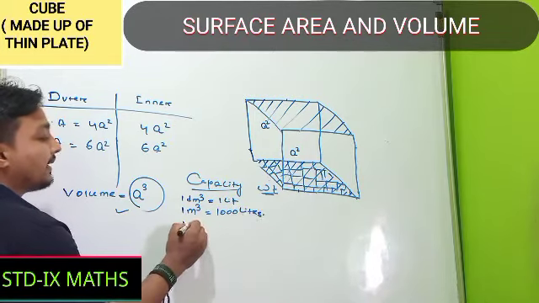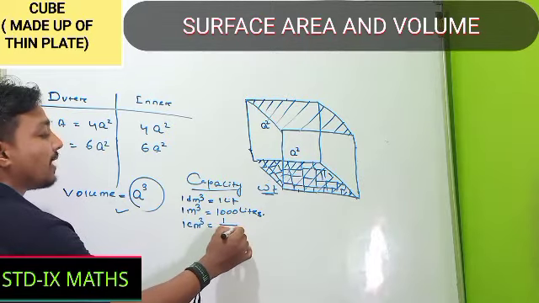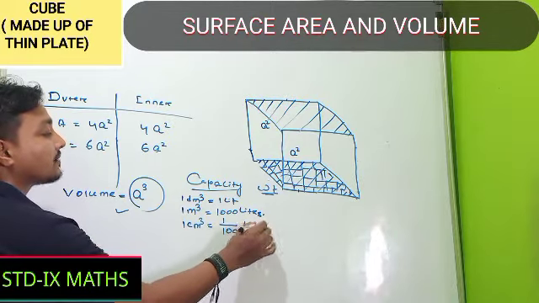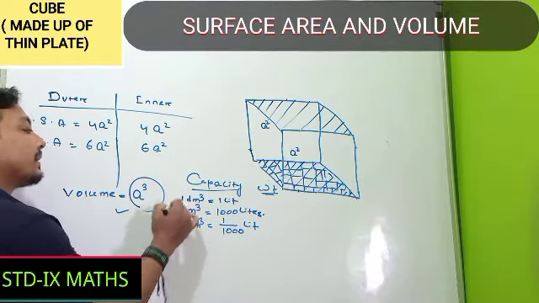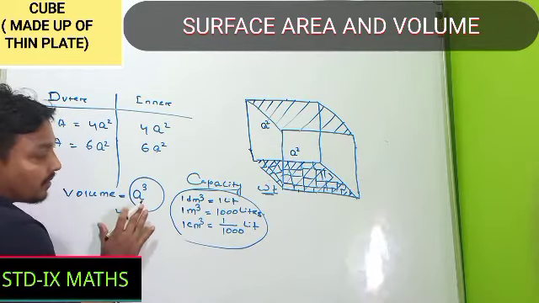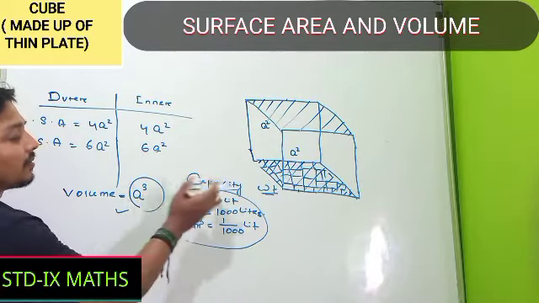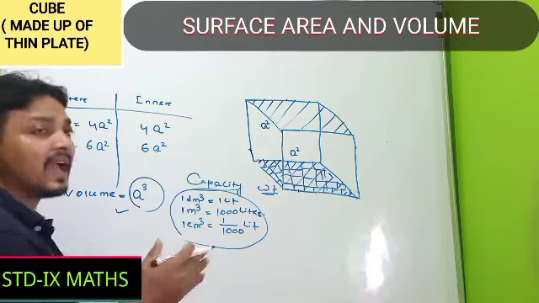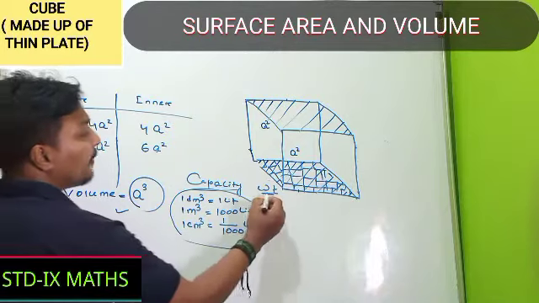And if you are getting it in centimeter cube, remember it will be 1 by 1000 liter. So you can find out the capacity once you are getting the volume of the cube. Once you get the volume, it can be converted into liter, so that when asked to find the capacity, you can find it easily.